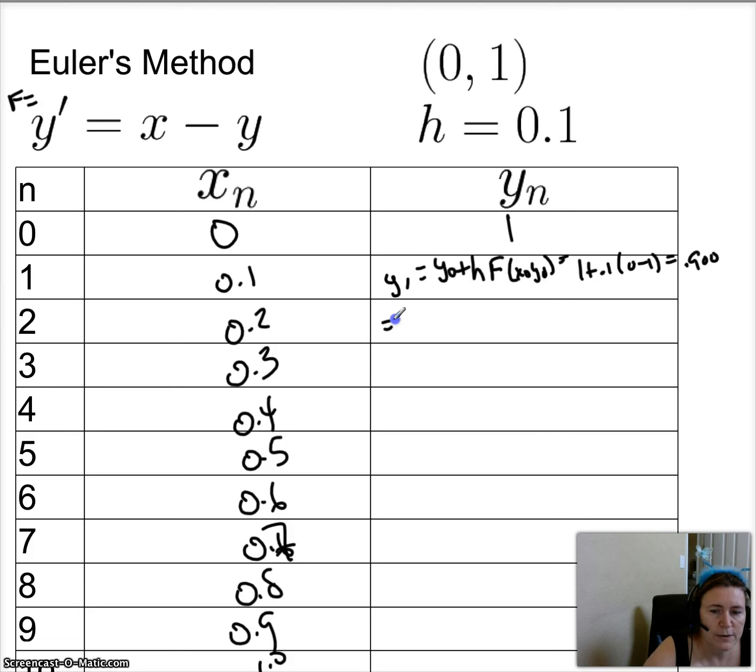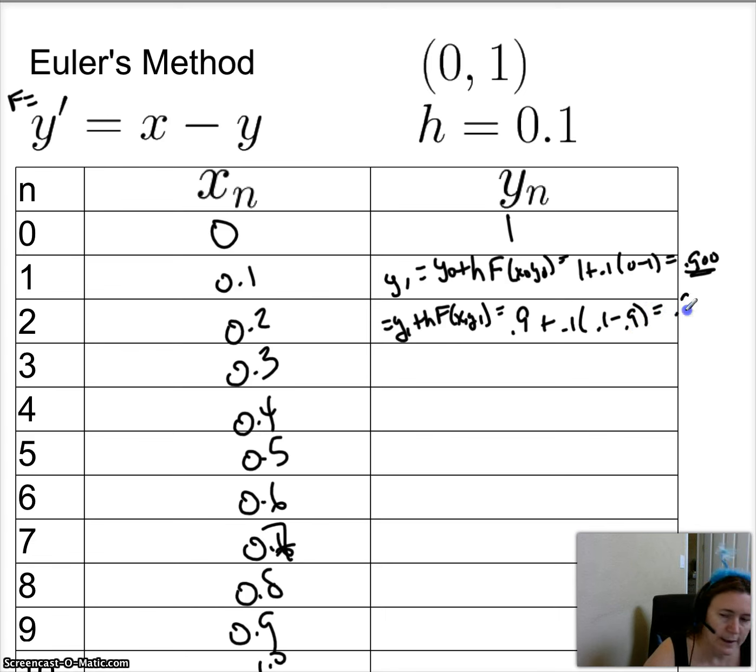So y2 is going to be y1 plus h times f at x1, y1. So this is going to be 0.9, because I pull in that value right there, plus h, which is 0.1, and my values are 0.1 minus 0.9.